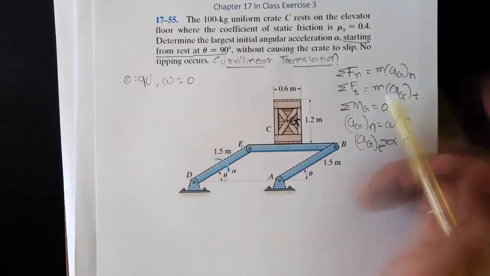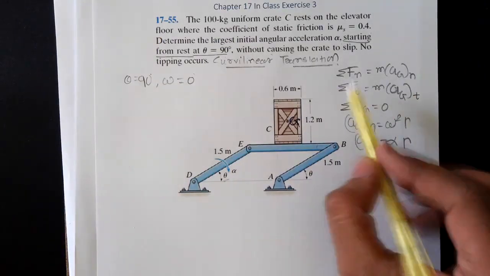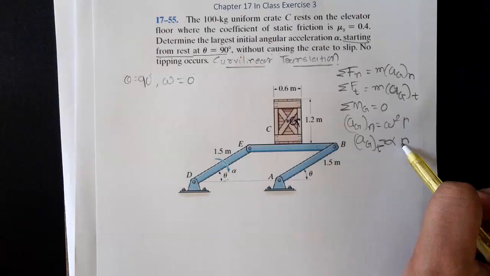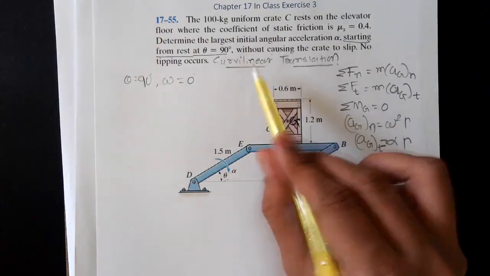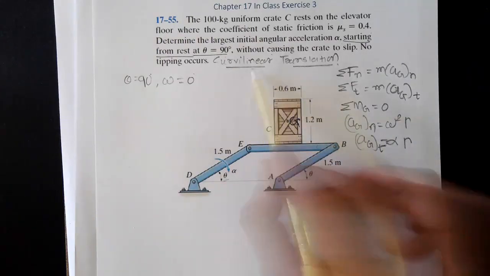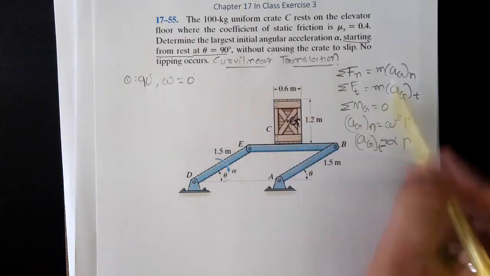Now there is a set of equations depending on the type of the problem. If it is curvilinear translation, then these are the equations that are applicable. You don't have to worry about memorizing these equations because they are all given in the equation sheet, along with information on what type of motion they are applicable to. So this is for curvilinear motion.